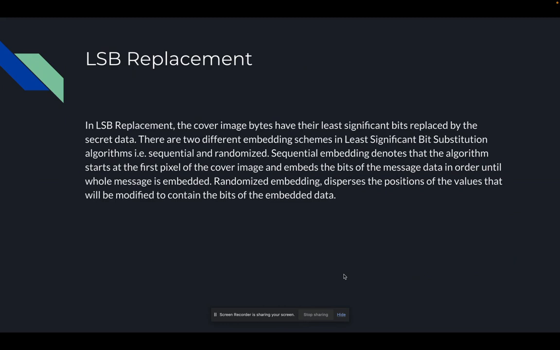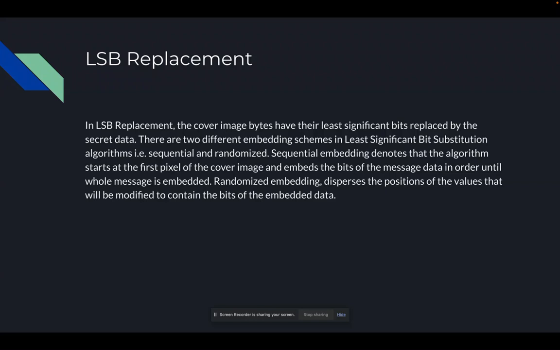So, LSB replacement. In LSB replacement, the cover image bytes have their least significant bits replaced by secret data. There are two different embedding schemes in least significant bit substitution algorithms: sequential and randomized. Sequential embedding denotes that the algorithm starts with the first pixel of a cover image and embeds the bits of the message data in order until the whole message is embedded.